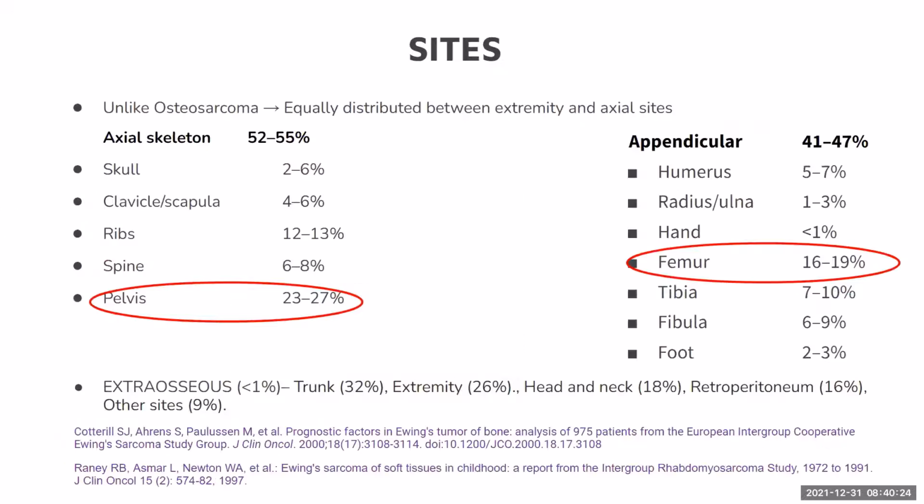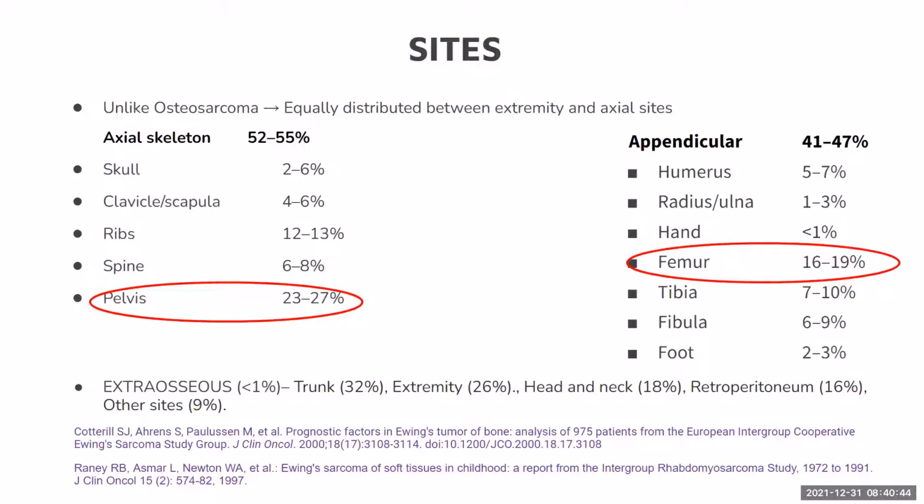Sites: the most common sites are in the axial skeleton compared to the appendicular skeleton. In the axial skeleton it is more common in the pelvis, and in the appendicular skeleton it is more common in the femur. Extraosseous tumors, which comprise less than 1%, have a better prognosis.